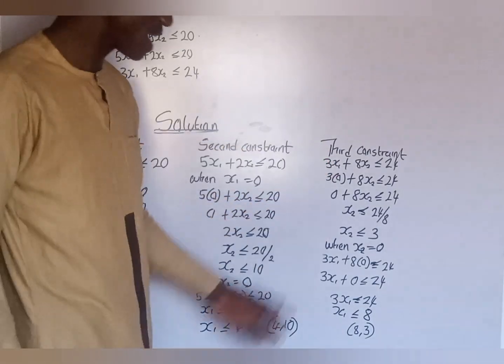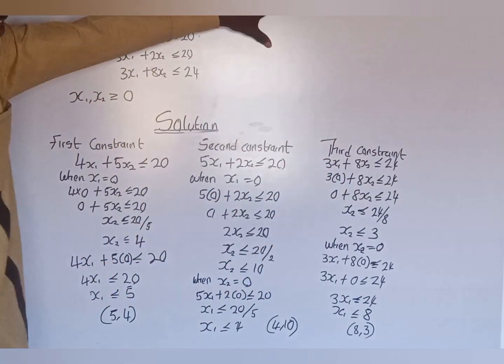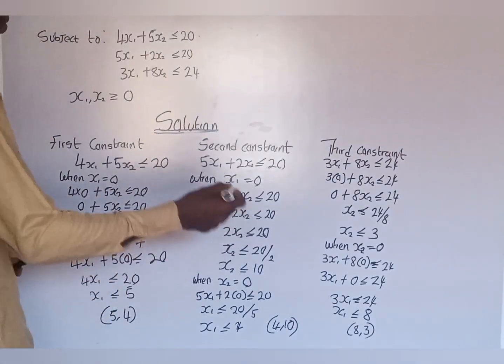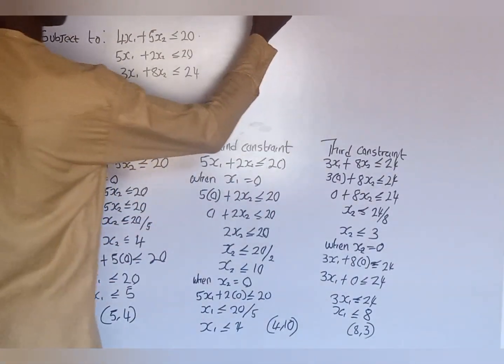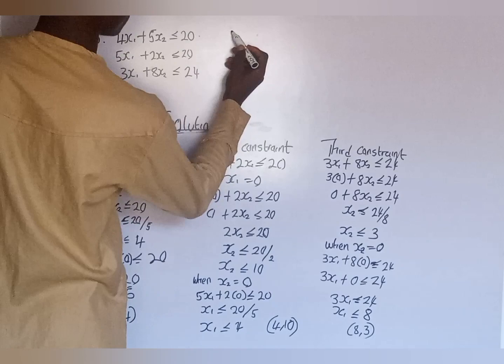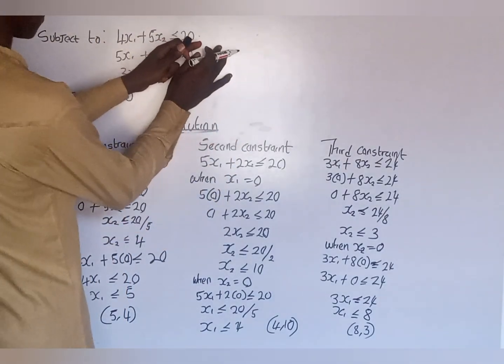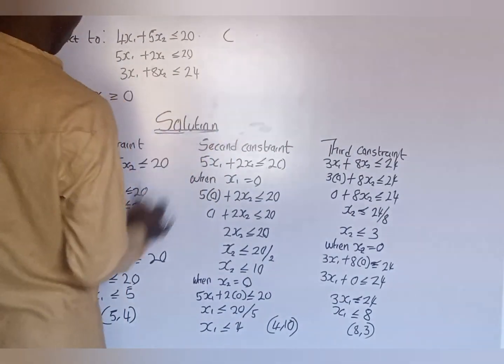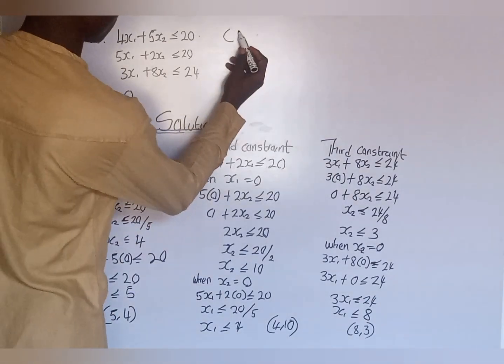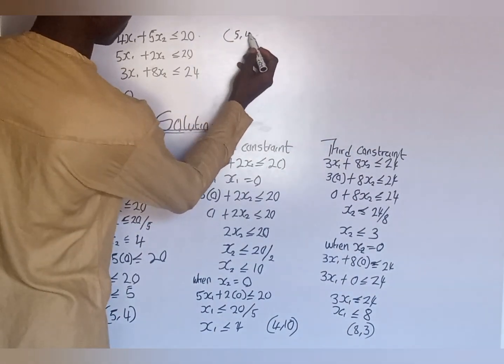Now I'm going to write these coordinates here because I'm going to be cleaning it. For the first constraint, which is the linear equation here, my point is (5, 4).